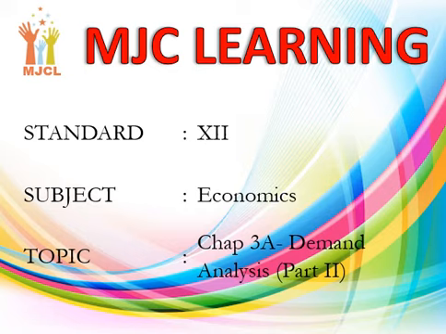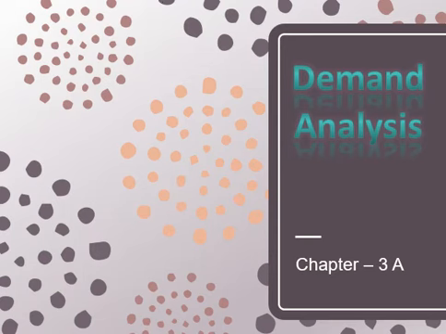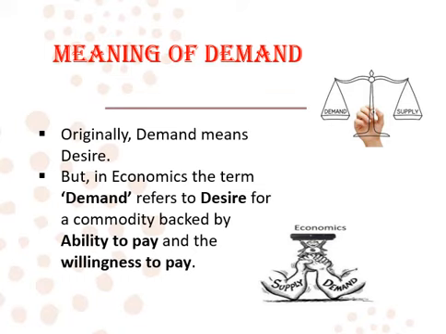So far, we have started with chapter 3A, that is Demand Analysis. In this chapter, we have first understood the basic meaning of demand, which refers to desire plus ability to pay and willingness to pay.